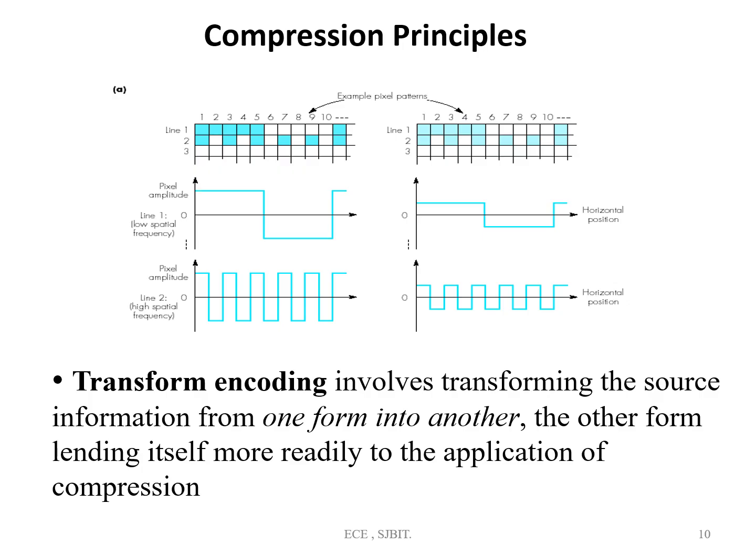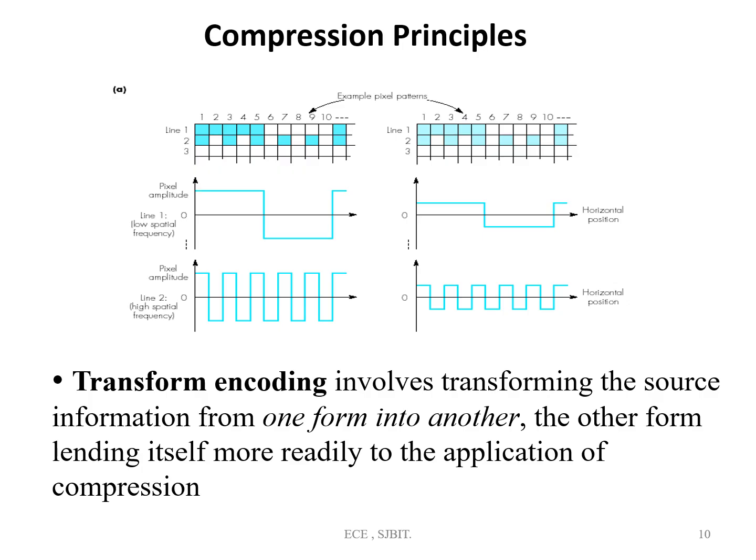So the compression principles. Here it shows the diagram of a pixel pattern. Here transform encoding is involved while transferring the source information from one form into another form. The other form will lend itself more readily to the application of compression.